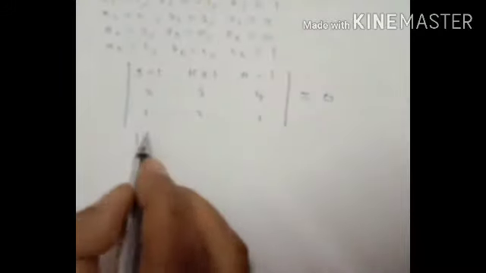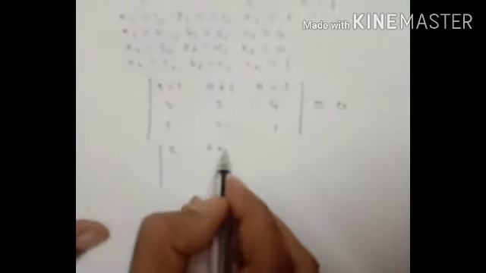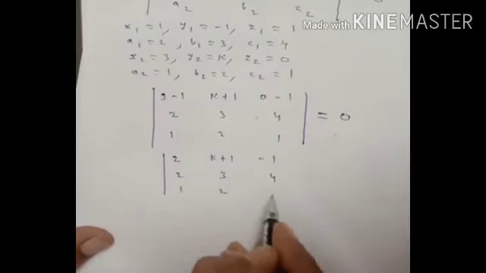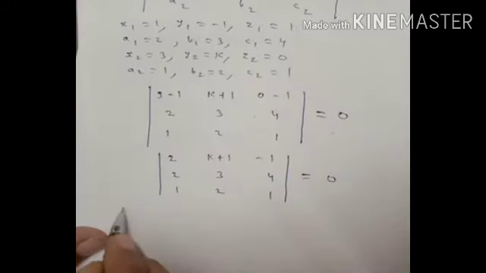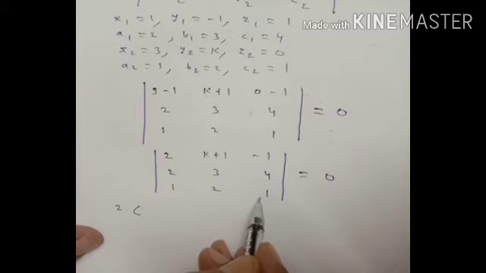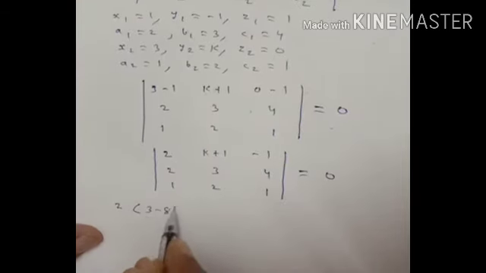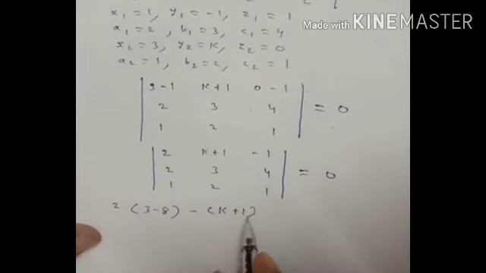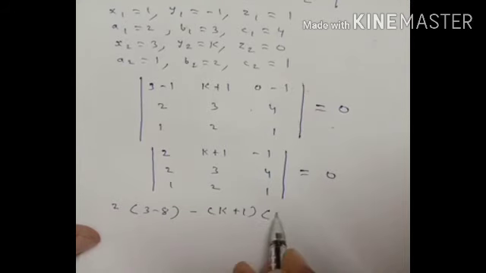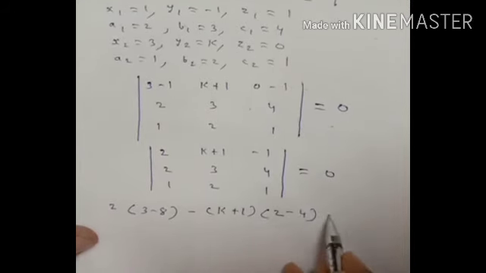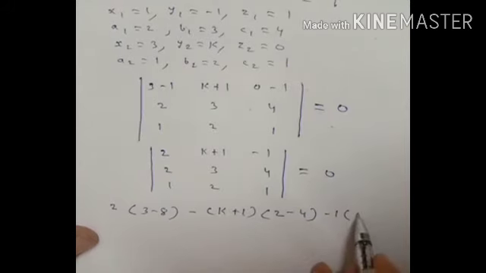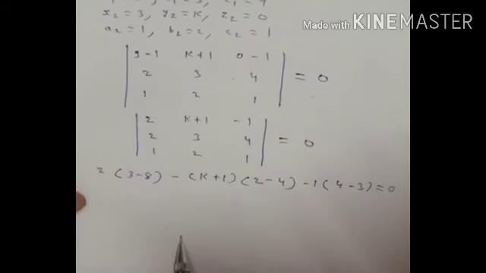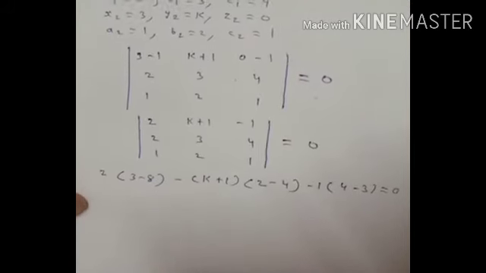Before that, simplify the numbers in the first row: 2, k + 1, -1. The next two rows as they are. 2 into bracket 3 minus 8, second element with opposite sign, minus in bracket k + 1 into bracket 2 minus 4, minus 1 into bracket 4 minus 3, equals 0. By solving this equation, we get the value of the unknown k.